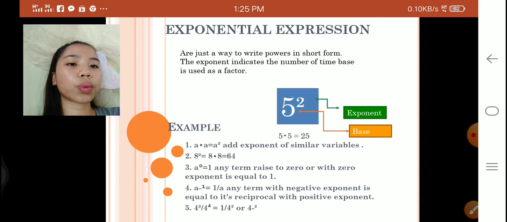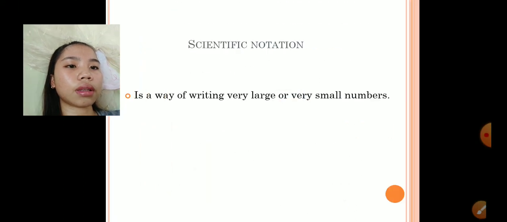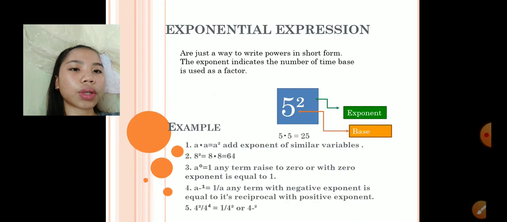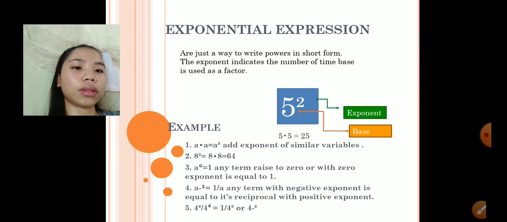Number 2, 8 squared is equal to 8 times 8, which is equal to 64. Example number 3, a raised to 0 is equal to 1. Any term raised to 0, or with 0 exponent, is equal to 1. Number 4, a raised to the power of negative 1 is equal to 1 over a. Any term with a negative exponent is equal to its reciprocal with a positive exponent.